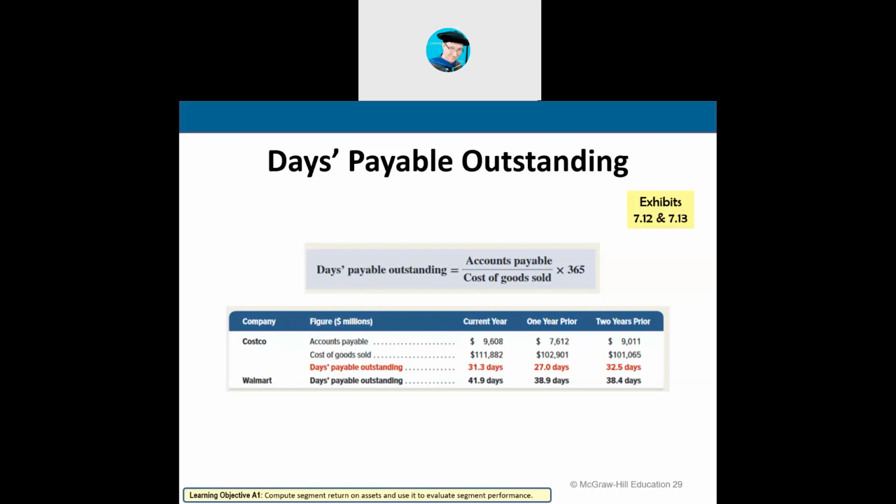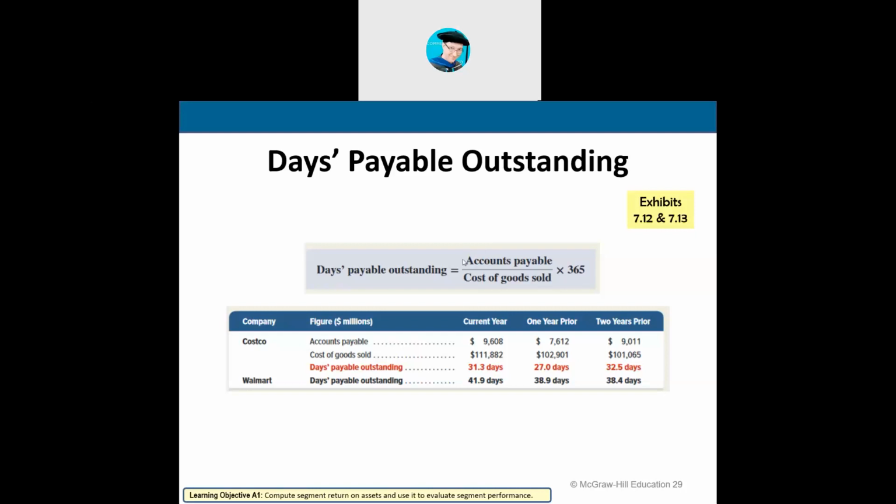What that does is it tells us the number of days our accounts payable is outstanding. What that means is how many days does it take me on average to pay a bill or to pay my vendor, right? Days payable outstanding. And that information is really helpful for managers to understand if their accounts payable is in good standing.